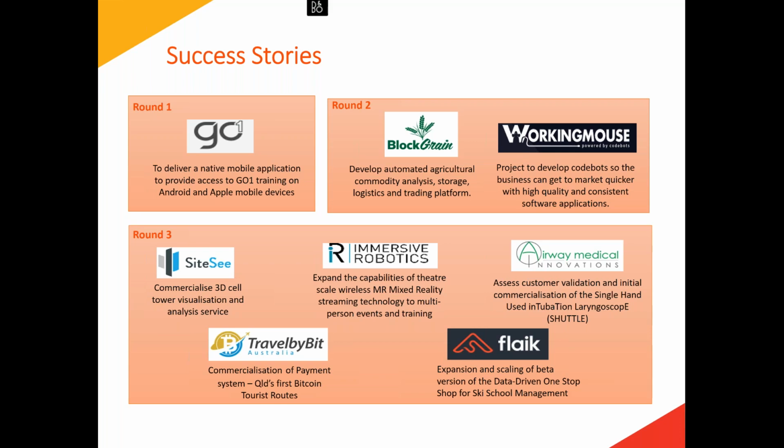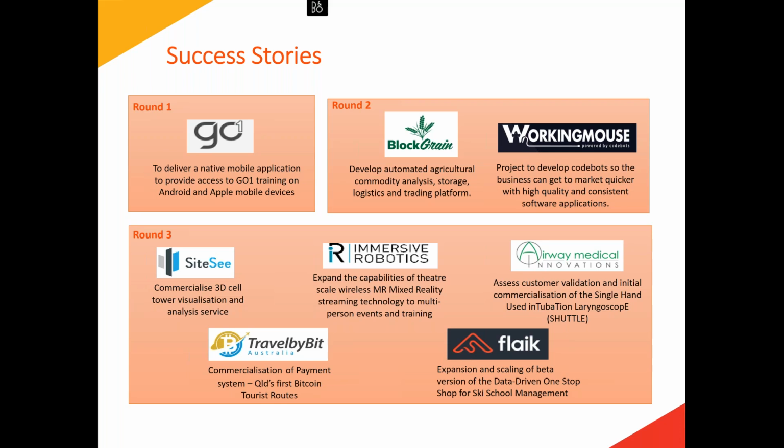There are a whole range that I've left off this slide that are in regional Queensland, that are industries associated with tourism, agriculture, manufacturing, construction, professional services, mining, a whole range of industries. This is just a very, very succinct summary.